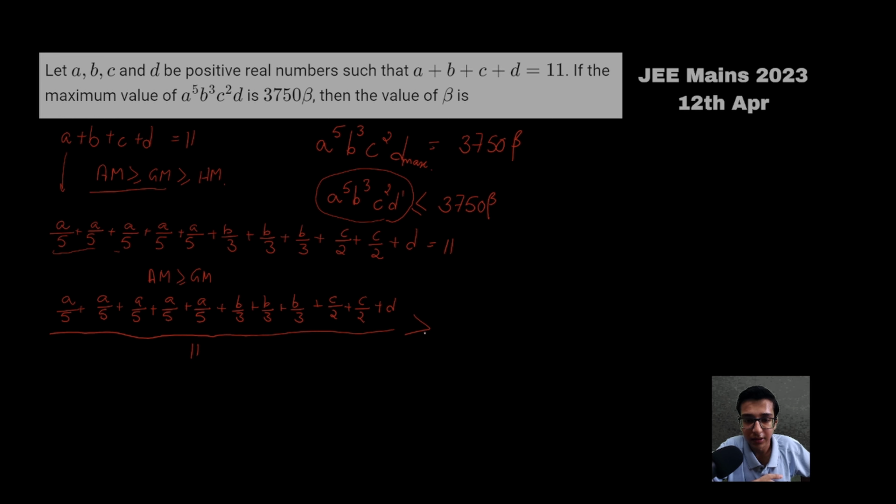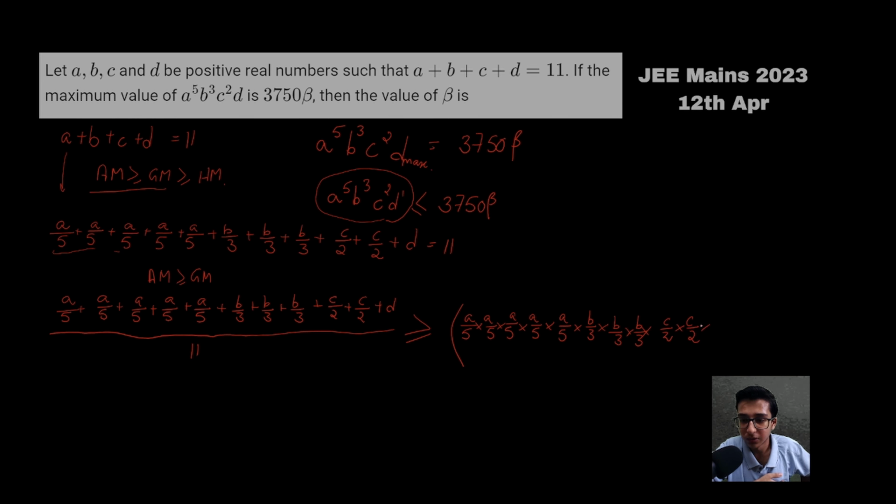This is greater than equal to GM, and the GM is, I hope you all remember, while finding geometric mean, we need to multiply all the numbers that we've just found out and then take the root, raising to the power of one over the number of those items.